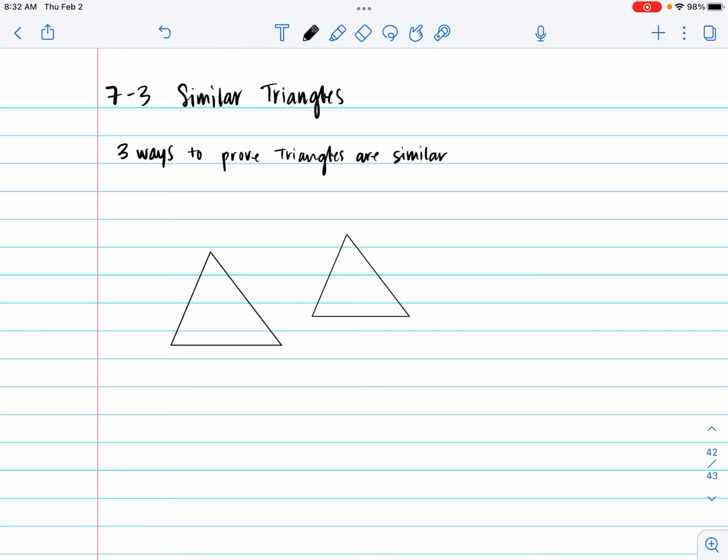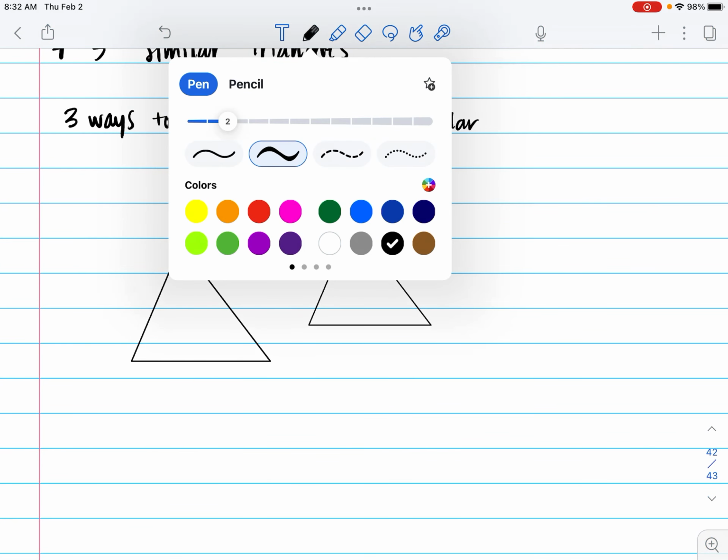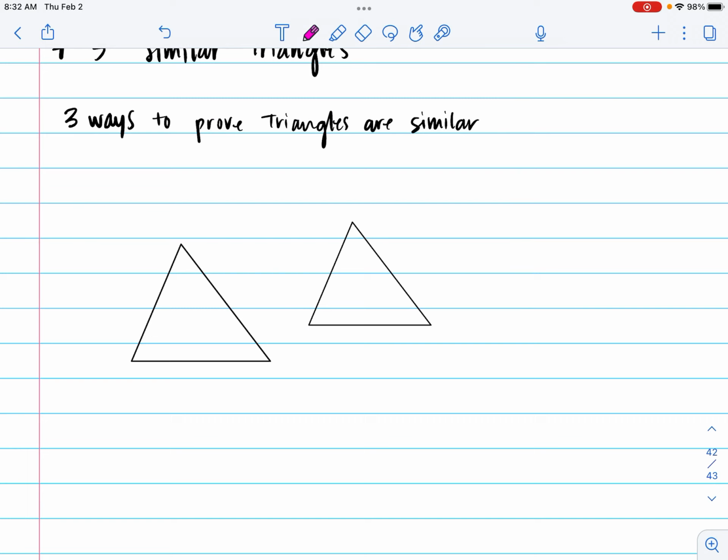And the first way, like I said, from the last section, is that if all the angles are congruent to each other, then they are similar. So, ironically enough here, I'm going to put this in pink. If I gave you a triangle that was 50, 60, and 70, 50, 60, and 70, these 2 triangles would for sure be similar because they have all the same angle measures.